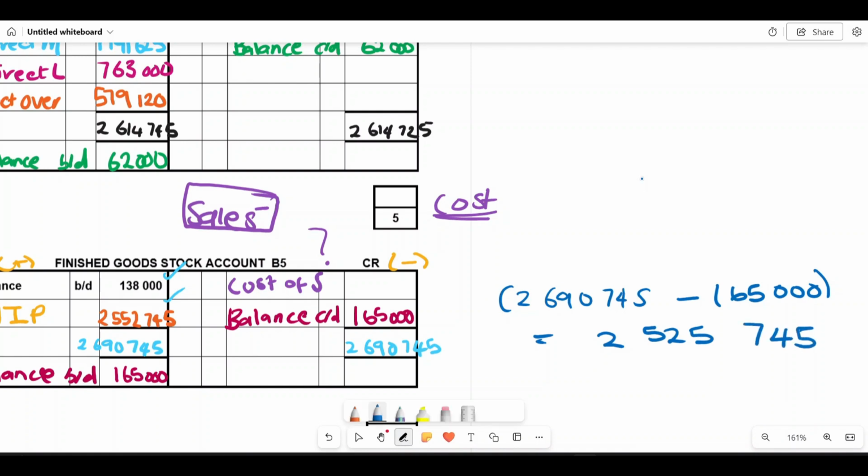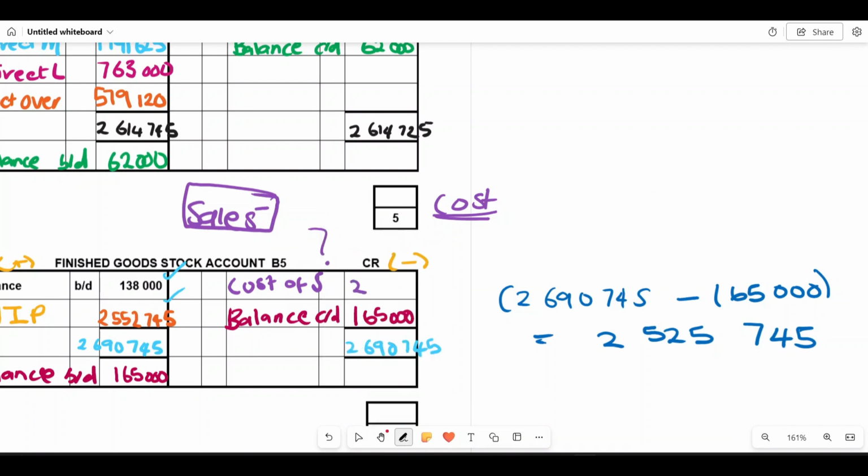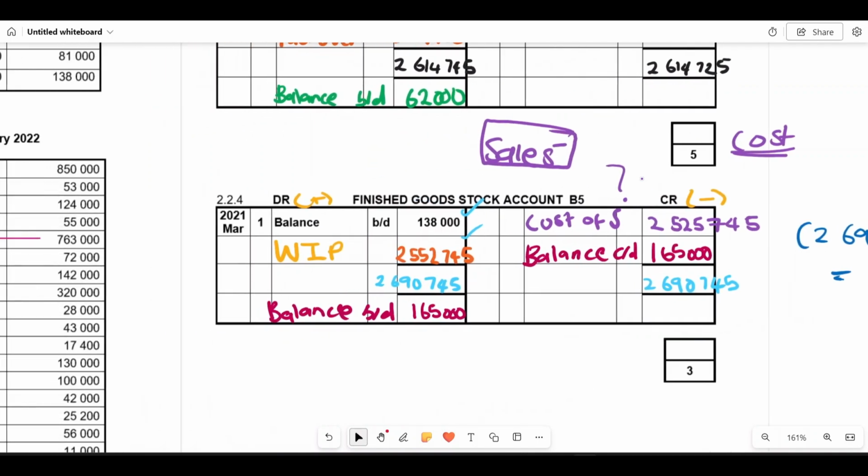So I'm going to write it there. It's 2,525,745. Right, and this would be my complete finished goods stock account, right?